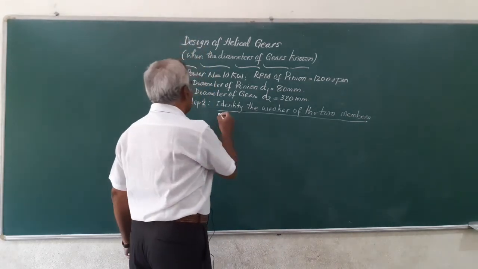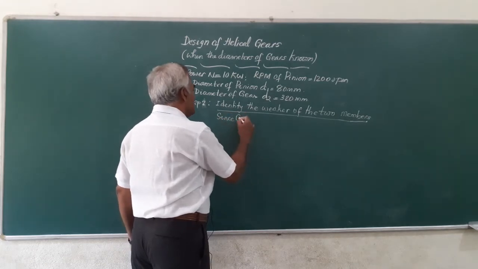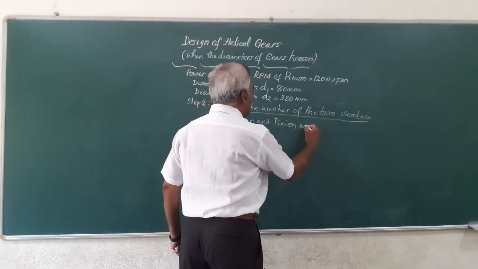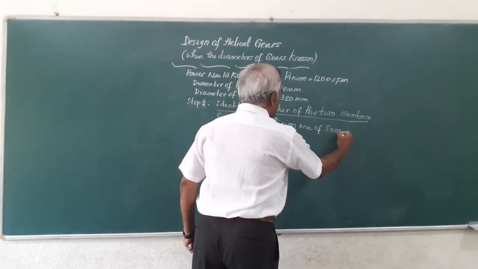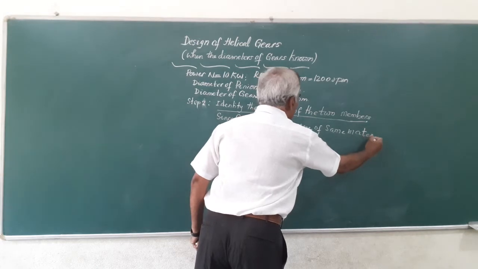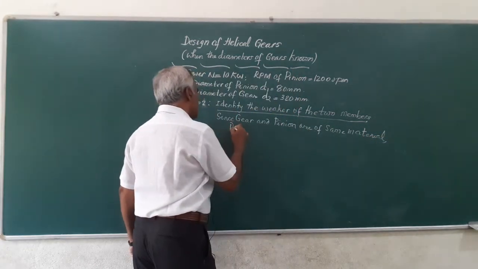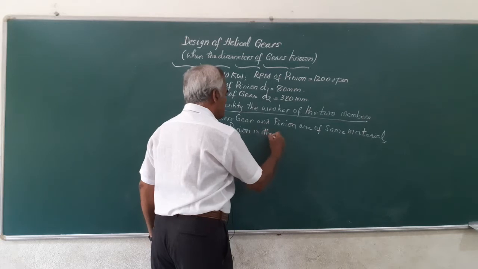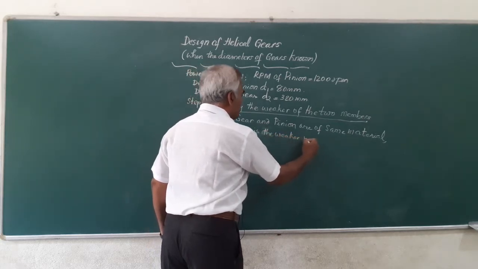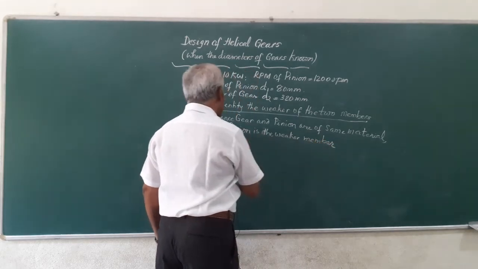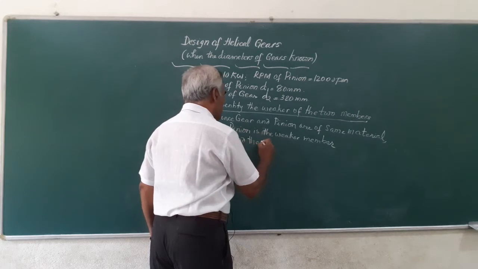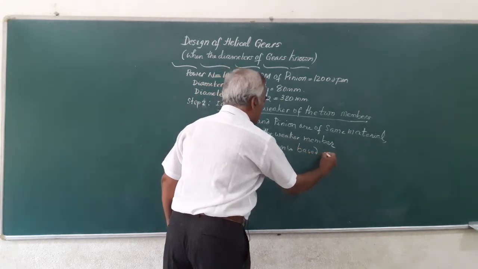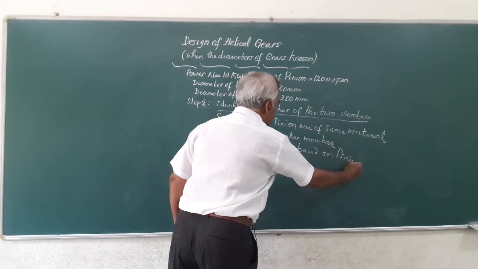So, we have to make a statement here and say, since gear and pinion are of same material, that is cast iron of high grade, pinion is the weaker member, and the design is based on pinion, that is the weaker member.